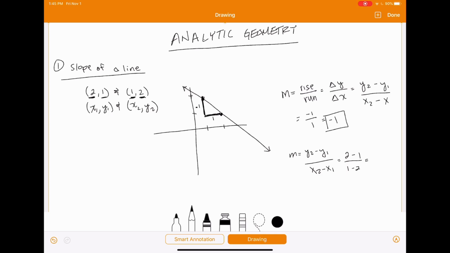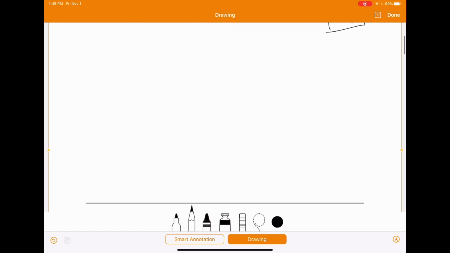And then we're going to get 1 over negative 1, which you'll see is the same thing as we got up here. And that's going to end up being a total of negative 1 as our slope. So you're going to get the same answer either way, and it's total preference on what you want to do. If you don't want to memorize an equation, it's really easy to just draw something out quickly and just count them off.